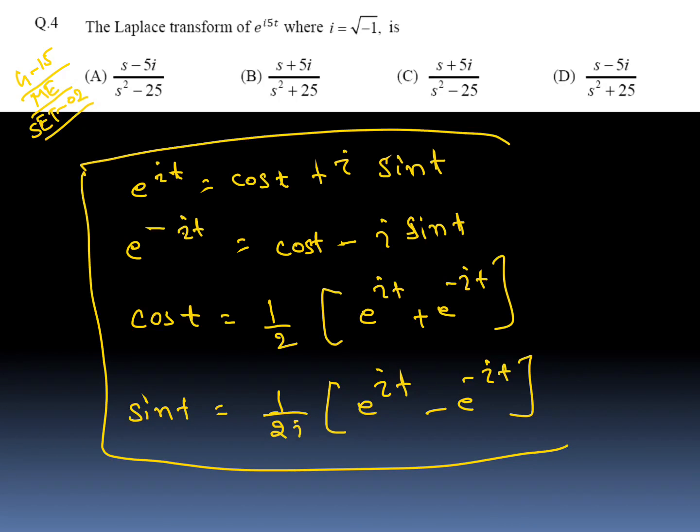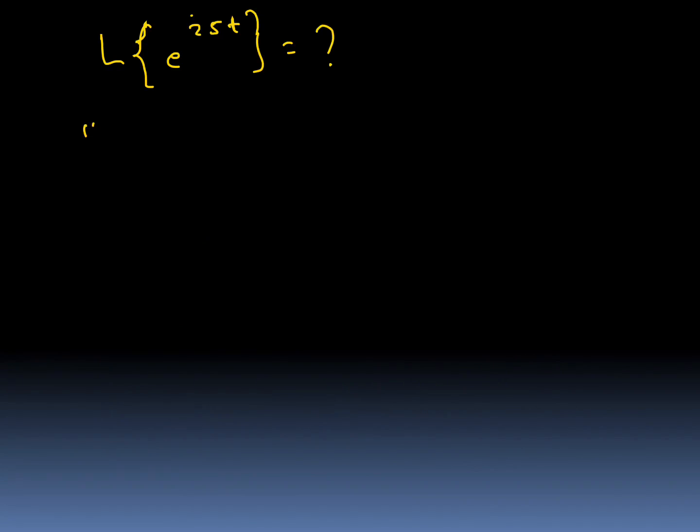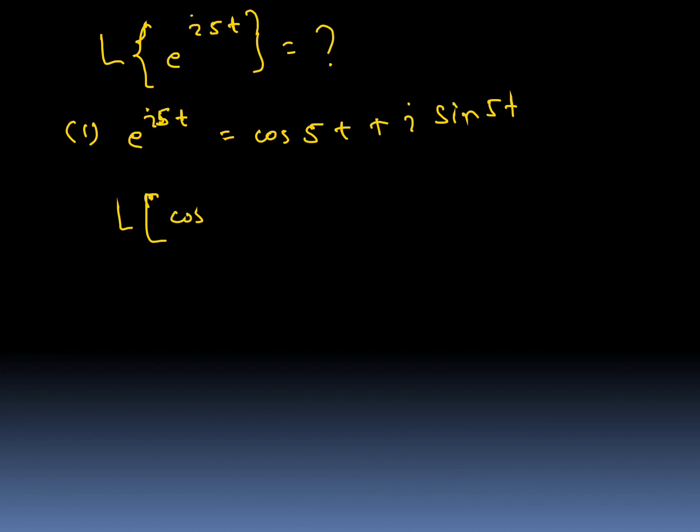So first we write e to the power i5t equals cos 5t plus i sin 5t. We know from our formula, Laplace of cos omega t is s by s square plus omega square.